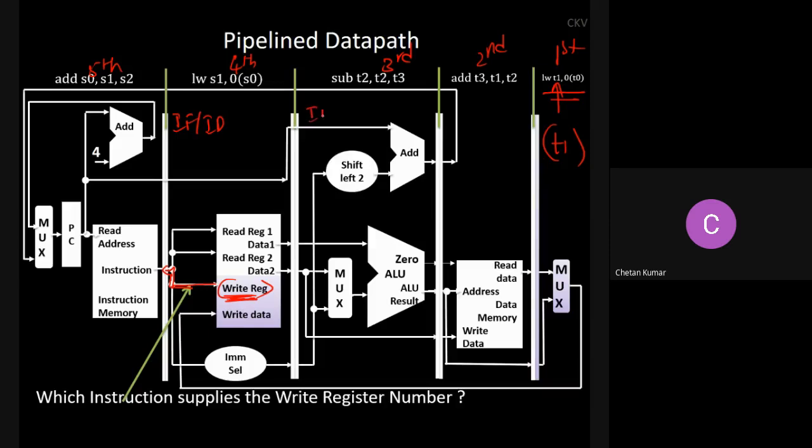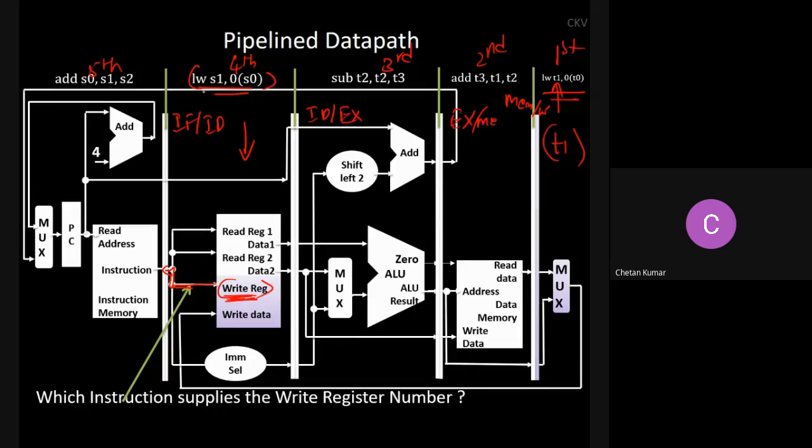Here I would like to clarify one more point. This is the EX/mem and this is the mem/write back pipeline register. When I say that this instruction is available in the instruction decode stage, you might be a little confused, so I'm clarifying.